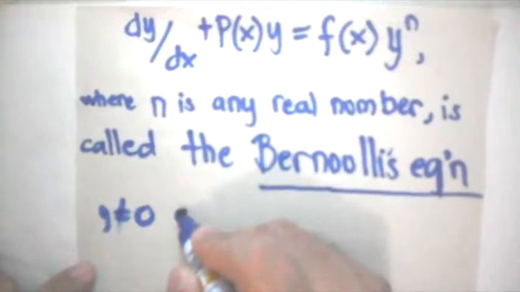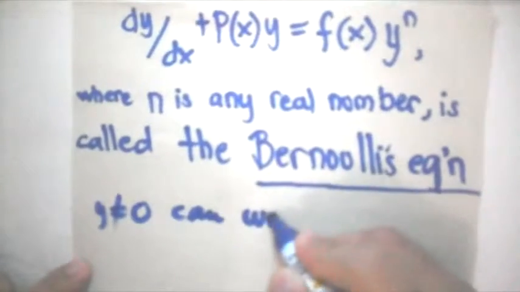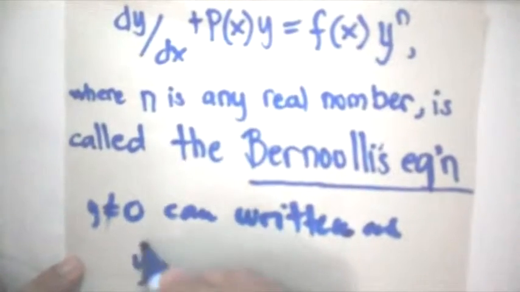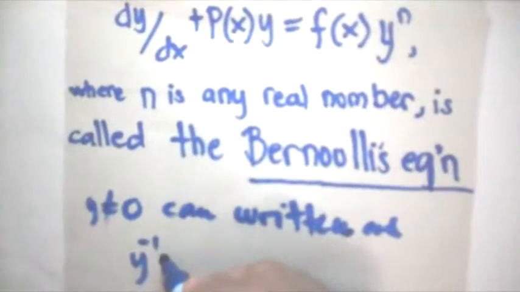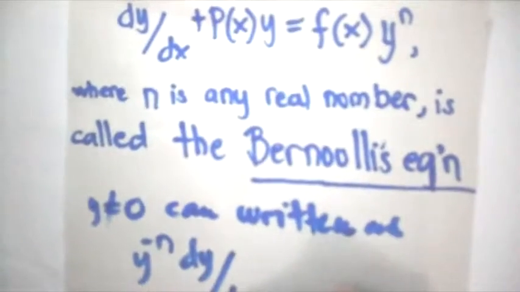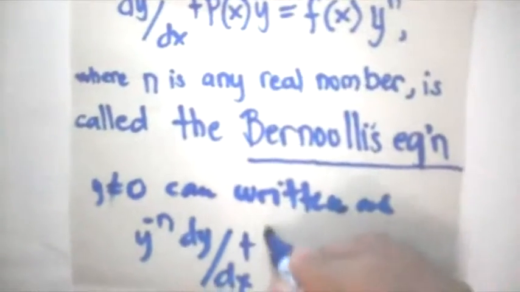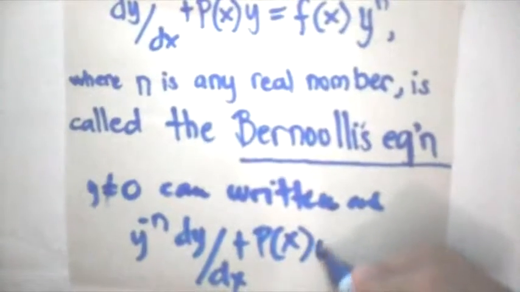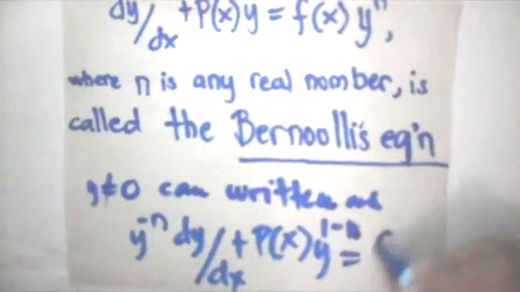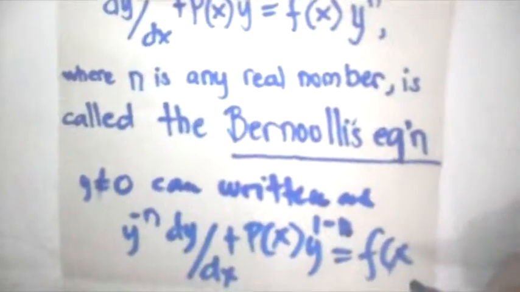this can be written as y to the negative n dy/dx plus p(x) y to the 1 minus n is equal to f(x).